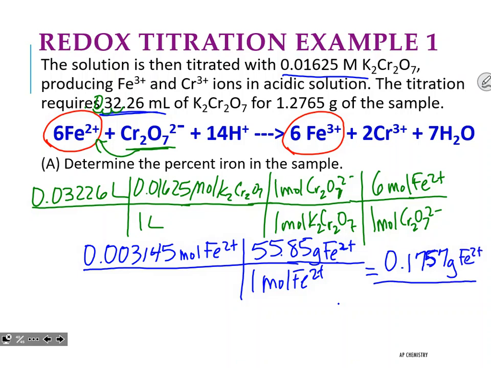Now, the iron out of our entire sample size, times 100, should give us our percent. So our percent ends up being 13.76%.